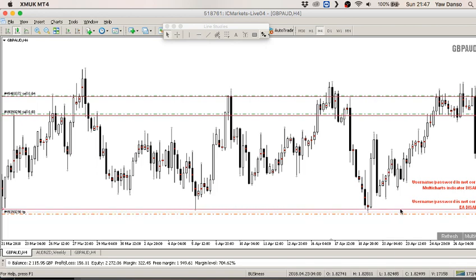Once market hits that, it will take me out of the first trade that I took, because I've taken my profit. I can decide to change my mind and take it somewhere else, but I want to take my profit there.